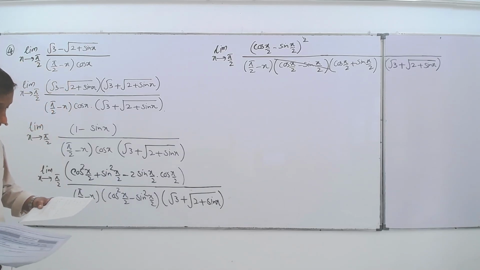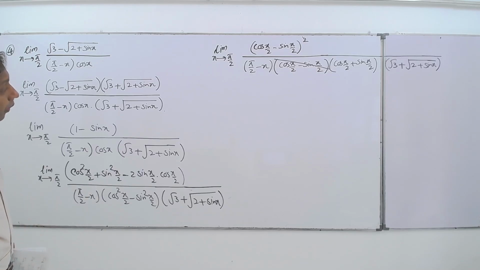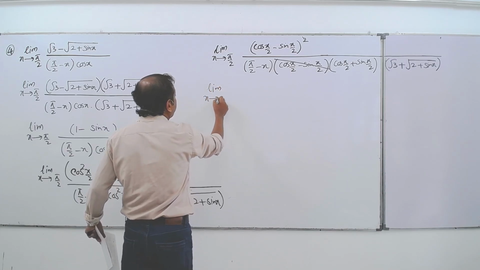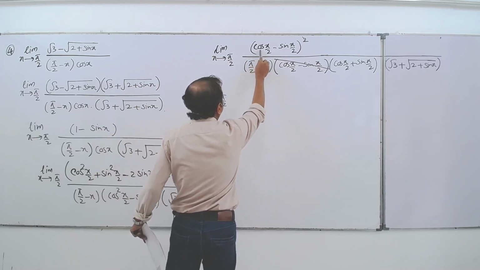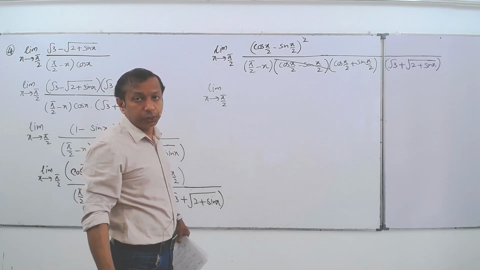Right. Now next one. Limit x going to pi by 2. I divide inside the bracket by root 2 and multiply outside the bracket by root 2. This way.